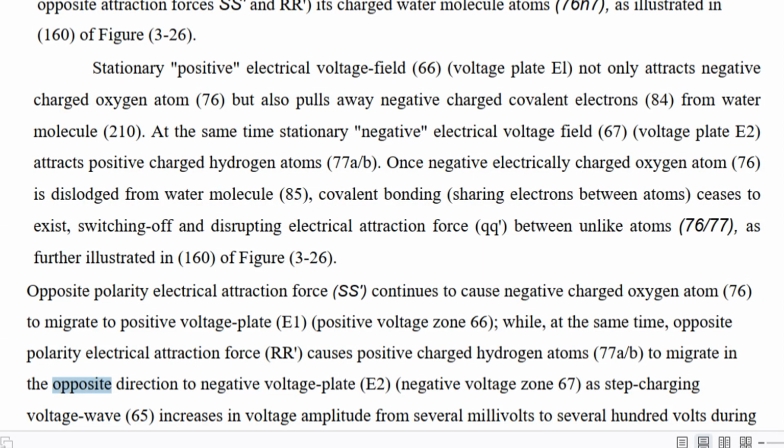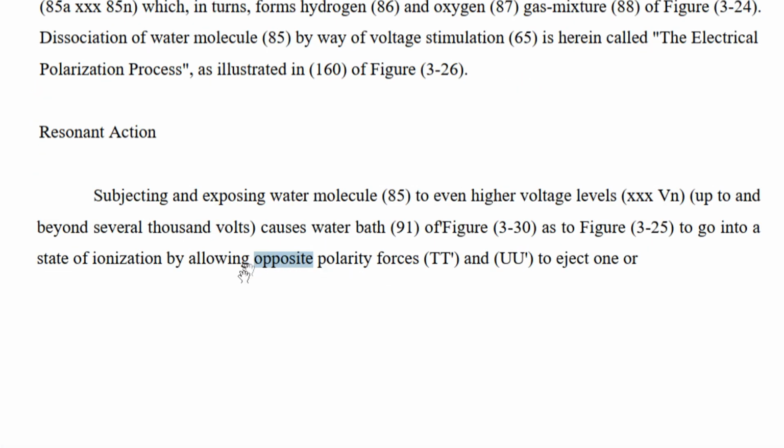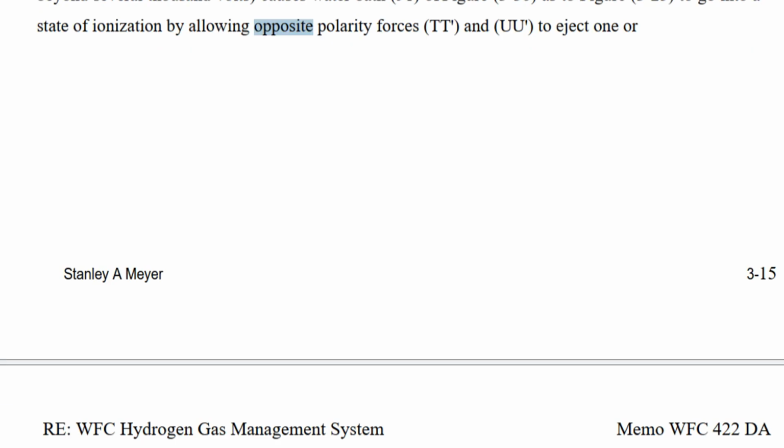As a step charging voltage wave increases in voltage amplitude from several millivolts to several hundred volts during each pulse train. Subjecting and exposing water molecules to even higher voltage levels, up to and beyond several thousand volts, causes water bath to go into a state of ionization by allowing opposite polarity forces to eject one or more electrons.